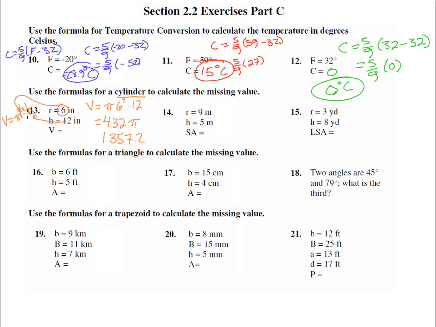Now notice that we were given inches at the very beginning, and we're looking for volume, which is a third dimensional object. So this is in inches to the third power, inches cubed. Now you may write the answers as 432 times pi, or rounded to a decimal place, and that's okay. Either one of those is all right.